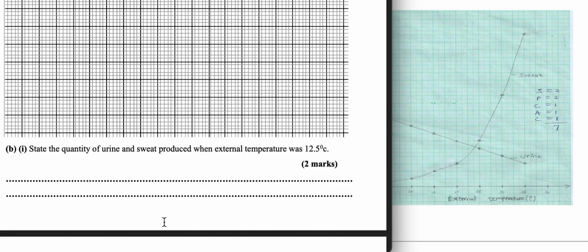State the quantity of urine and sweat produced when external temperature is 12.5 degrees Celsius.